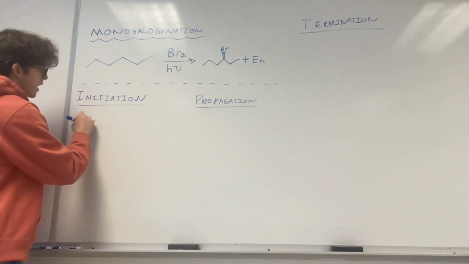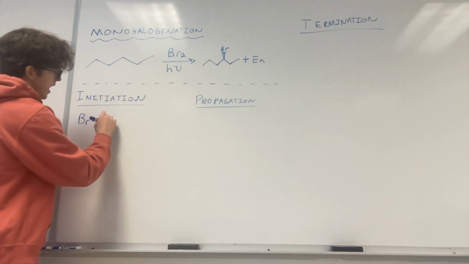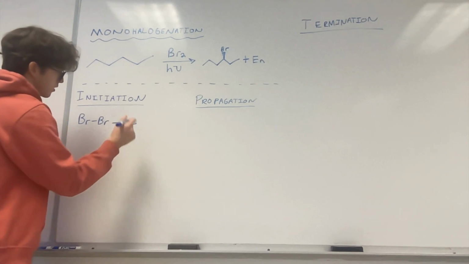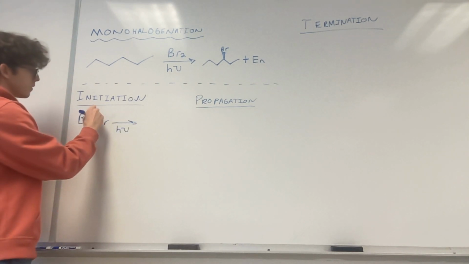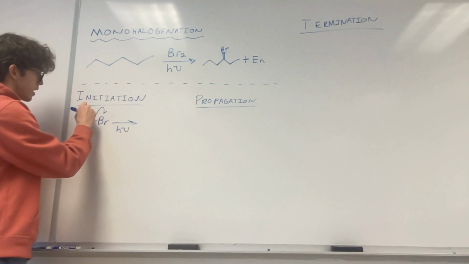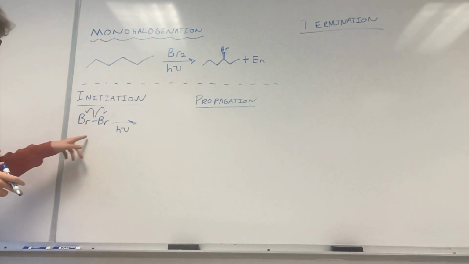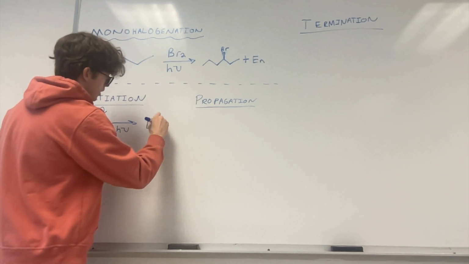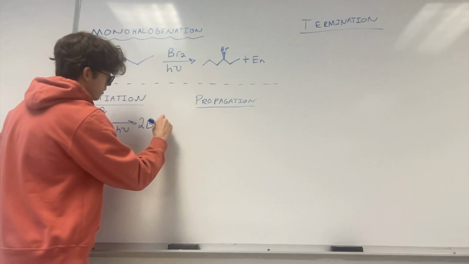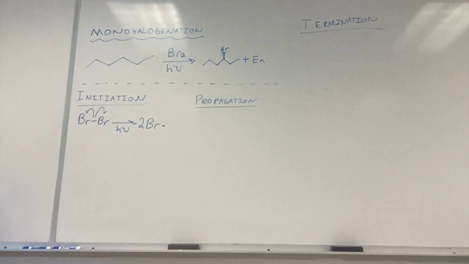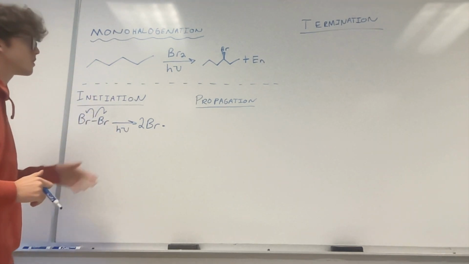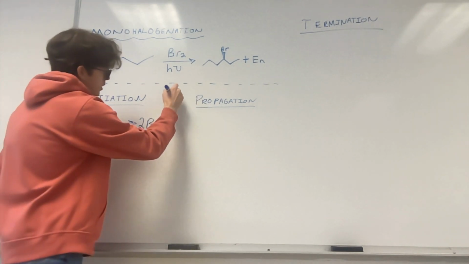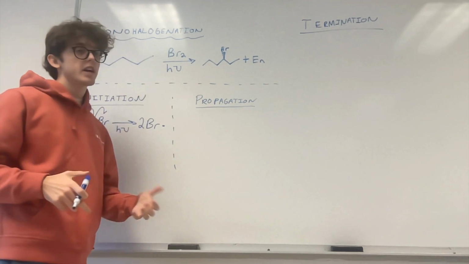Well, if we have a non-radical species like bromine gas and we subject it to photochemical conditions, we're going to see homolytic bond cleavage of that bond where two bromine atoms respectively get their own electron. So our product will be two bromine radicals. That's all you need to know for the initiation step of monohalogenation. It's the same with chlorine and fluorine.